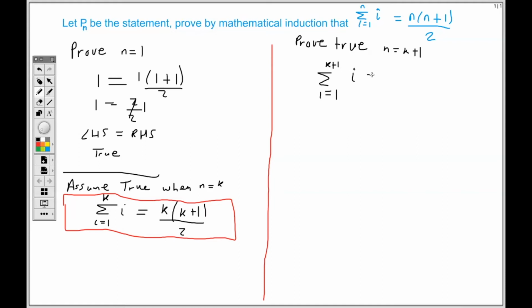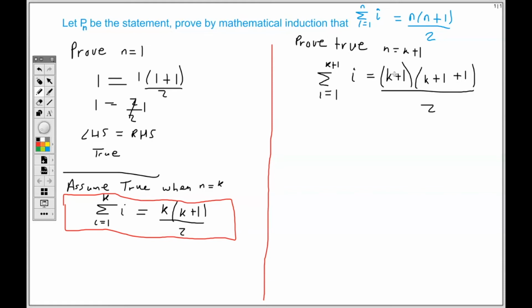And we're summing i, but where I have n now, I'm going to replace it with k plus 1. So k plus 1 for n, and for the other n, I'm going to have k plus 1 again, and an extra 1. So I replace n with k plus 1, then I have plus 1, all over 2.